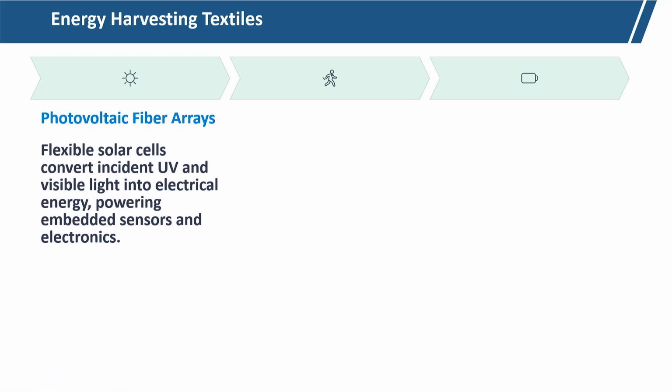So, there are different methods of energy harvesting. Flexible solar cells, like a photovoltaic fiber array, convert the incident UV ray to visible light and into electrical energy, which generates the power. So, energy harvesting we can get by proper application of UV material.